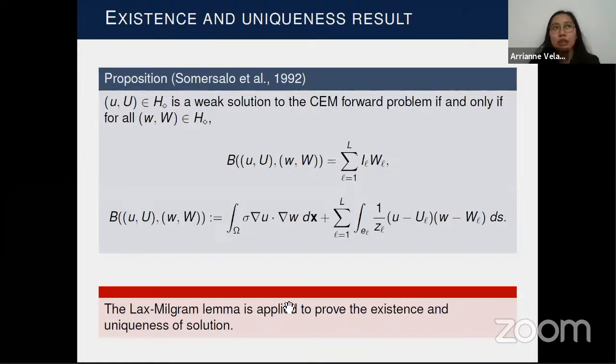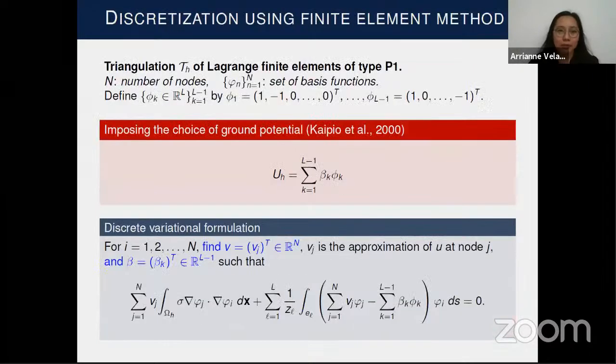We now proceed to finding the numerical solution of the forward problem. So we discretize the variational formulation using the finite element method. We have a triangulation of Lagrange finite elements of type P1. Big N here is the number of nodes. The set of basis functions are phi_n.